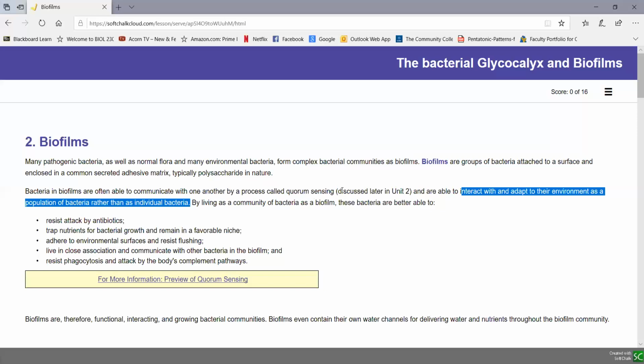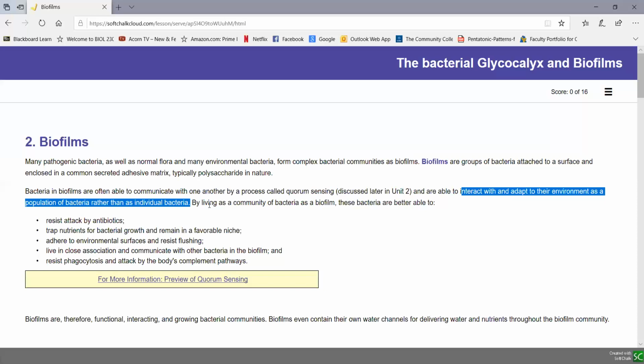So we're going to see later in Unit 2 that bacteria initially gain a foothold and colonize the body by functioning as individual bacteria, every bacterium acting for itself, trying to be the one that's able to adhere to cells and colonize. But eventually, when a certain density of bacteria accumulates, that turns on virulence genes that allow the bacteria to function as a population, where they're all benefiting from being in the population rather than as individual bacteria, each out for itself.